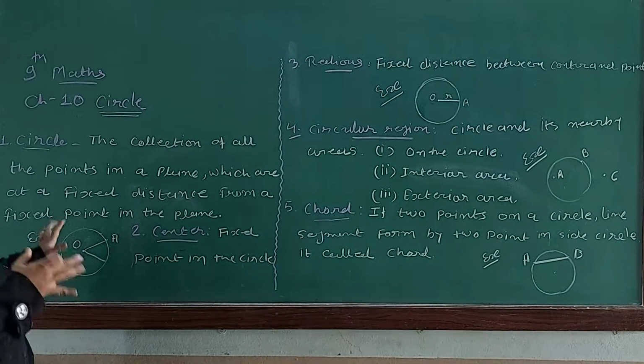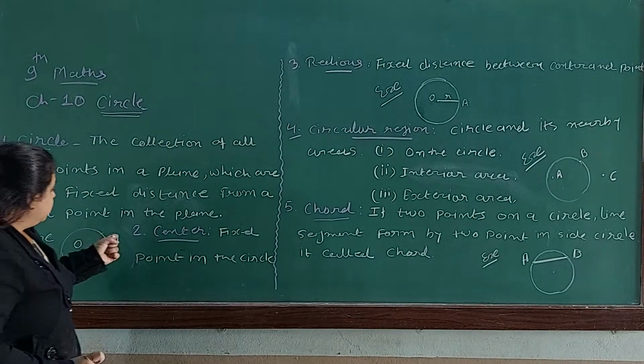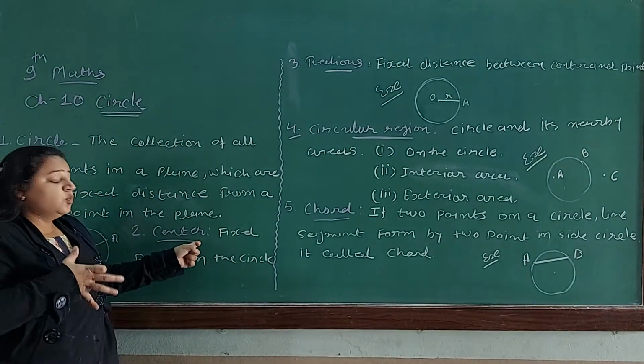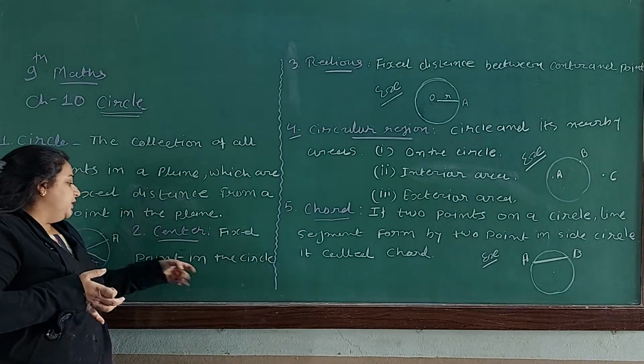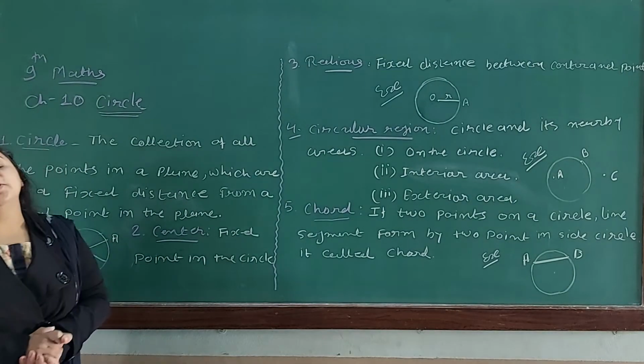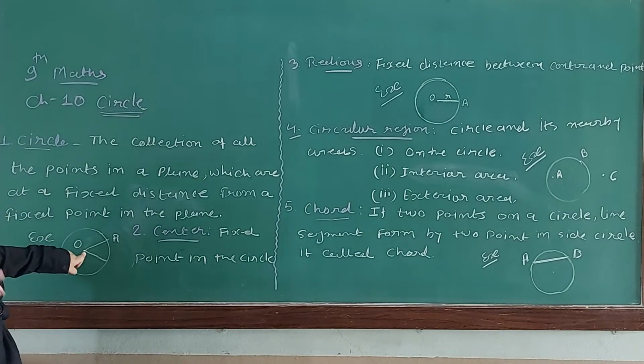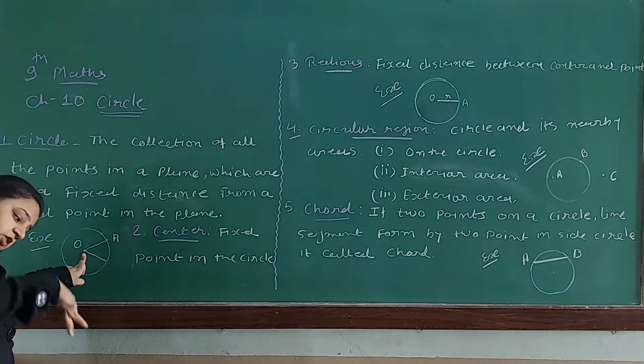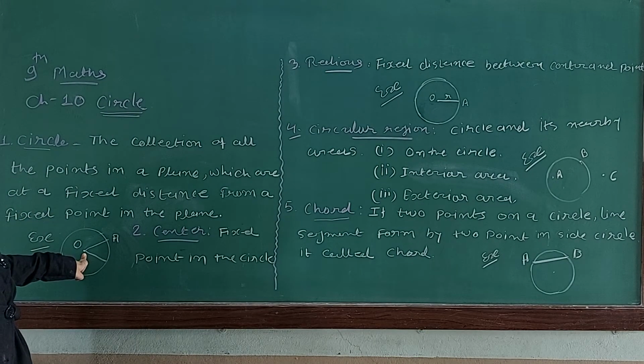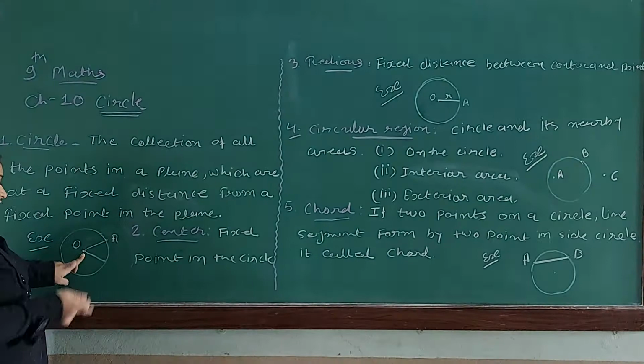For example, this. Now, the second definition is the center. A fixed point in the circle is known as the center. It is a fixed point in the circle, not on the circle. I hope you know the meaning of in the circle, on the circle, and out of the circle, right?